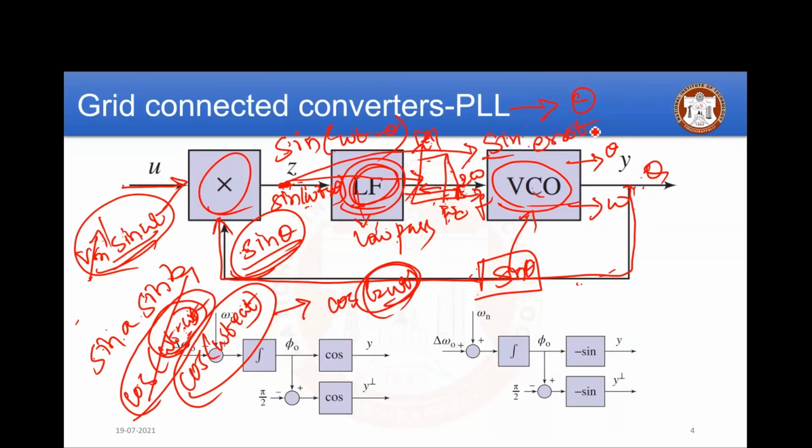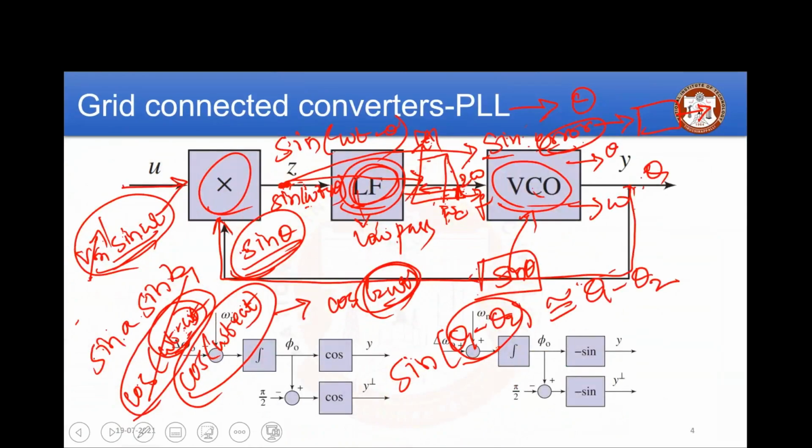If you send whatever error you have through a PI controller, you will get some constant. Because this is sine of theta 1 minus theta 2, for small values of theta 1 minus theta 2 it is approximately equal to theta 1 minus theta 2. Isn't it? So this is my error.